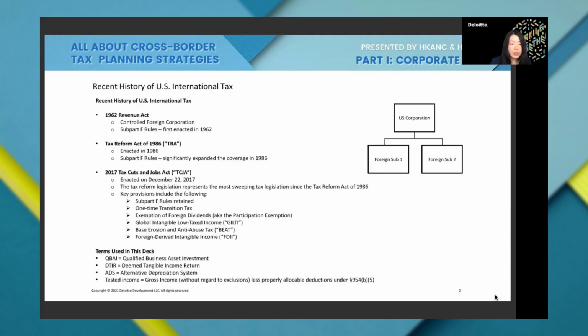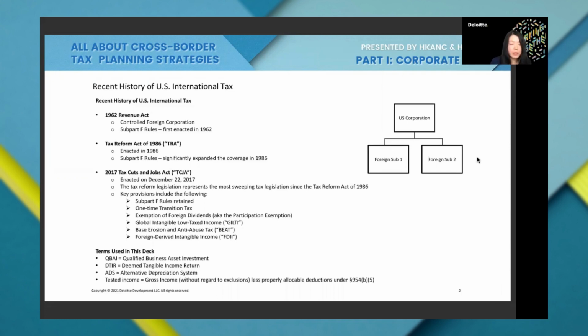The TCJA also introduced another key provision in the international tax area called GILTI, or Global Intangible Low-Taxed Income. Back to my example again, where foreign sub 1 generates subpart F income and foreign sub 2 generates non-subpart F income, starting after the one-time transition tax, from calendar year 2018, earnings earned by foreign sub 2 would be taxed currently in the U.S. under GILTI.